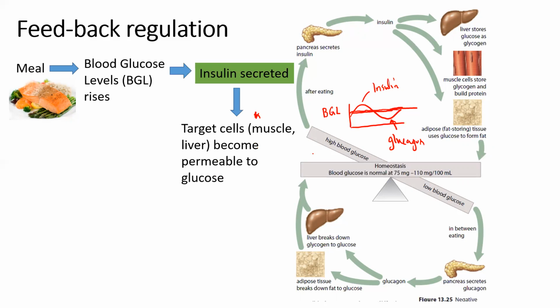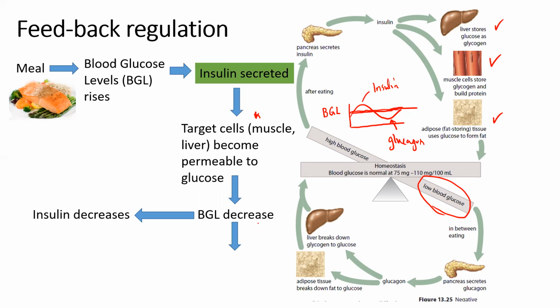So your target cells, muscle, liver, become permeable to glucose. It unlocks glucose so glucose can enter these cells, muscles and fat tissues and liver. There we go. And blood glucose levels decrease. There they are, they go down.